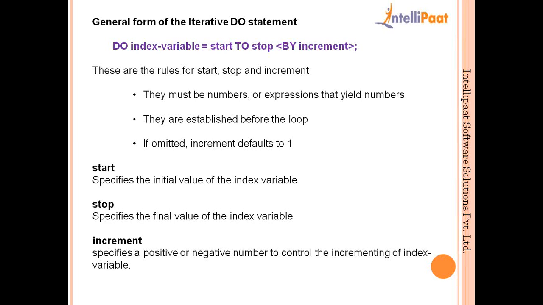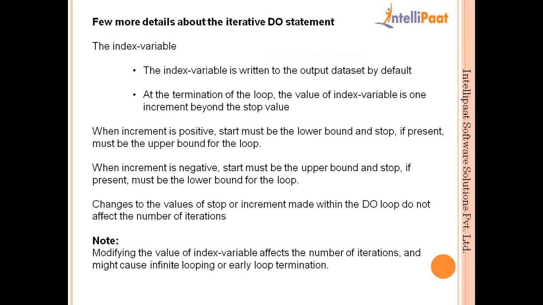But if you mention anything in the increment field, then it will get incremented by that particular number. Then, as I already talked about, start specifies the initial value of the index variable, whereas stop specifies the number value for the index variable, or the upper bound till which you want the program to be executed.